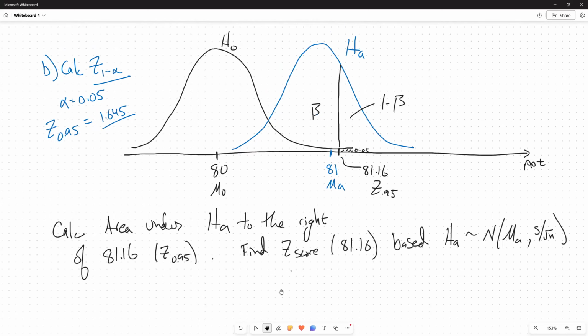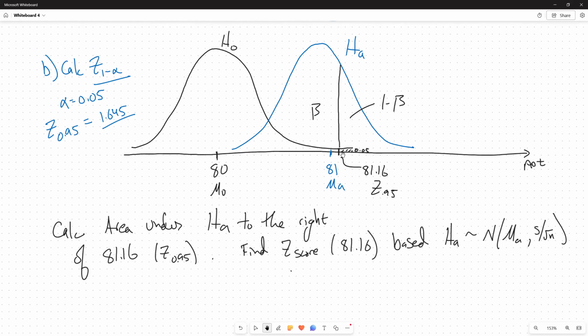Just to look at how we got to where we are, we set the z-score based on alpha of 0.05 and calculated that z-score. We converted that z-score into actual units based on the null distribution value. So step one, we got over here, 81.16.